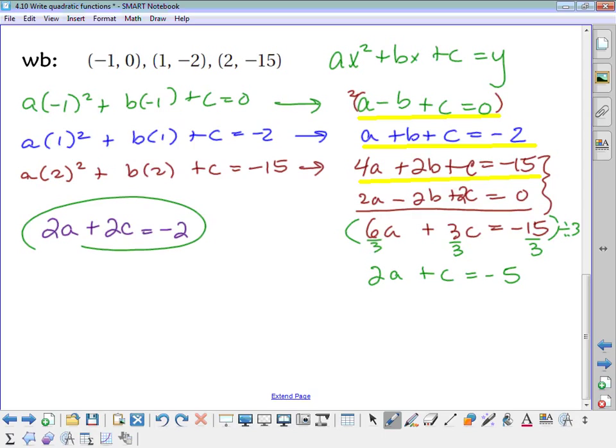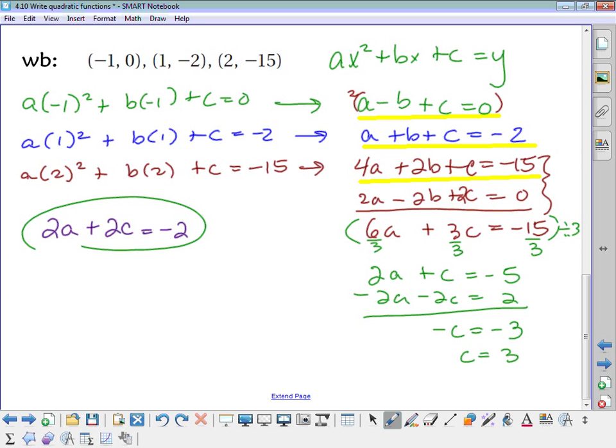And then I will go ahead and subtract the other one, minus 2a minus 2c equals positive 2. And so I have negative c is equal to negative 3, and so c is equal to positive 3.